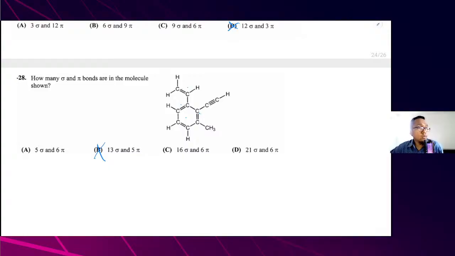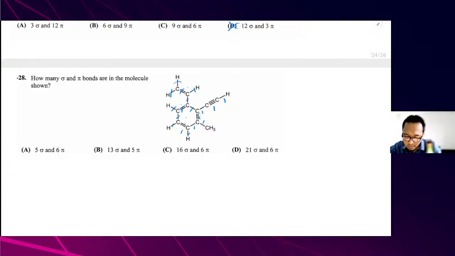Then 28 will be C. Oh, let me check it again. 1, 2, 3, 4, 5, 6. Oh yeah, 6 over here, sorry. There are two pi, right? So now 1, 2, 3, 4, 5, 6, 7, 8, 9, 10, 11, 12, 13, 14, 15, 16, 17, 18.